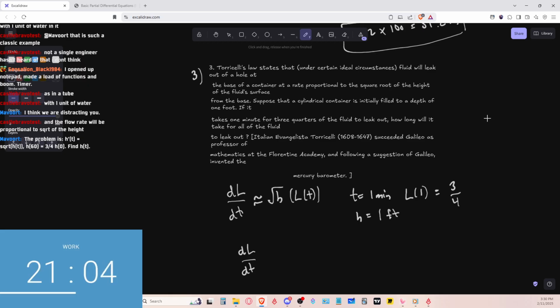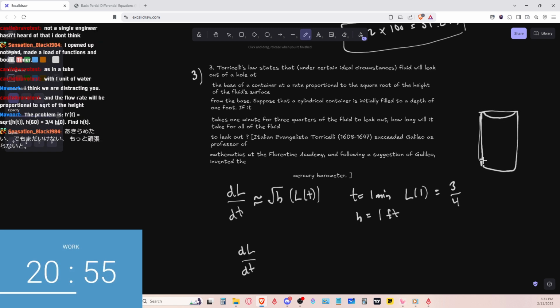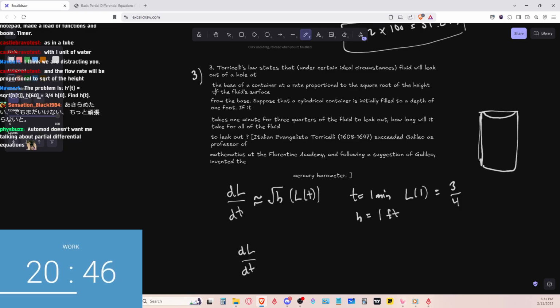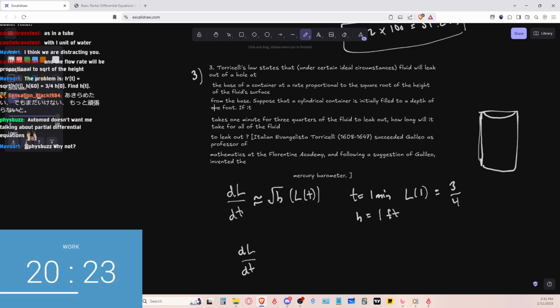So I'm guessing, let's just draw it. Maybe drawing it will be better. So we have a container. Like we'll just draw it like this. I know it's a bad drawing, but okay. So it states that under certain ideal circumstances, fluid will leak out of the hole at the base of the container at a rate proportional to the square root of the height of the fluid's surface. Suppose that a cylindrical container is initially filled to the depth of 1 foot.